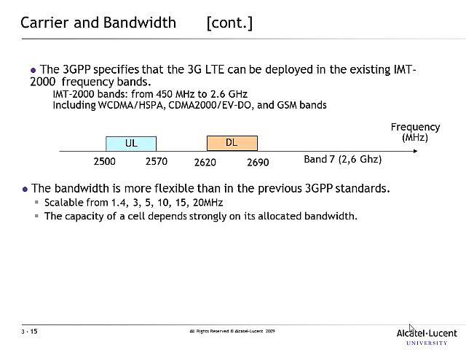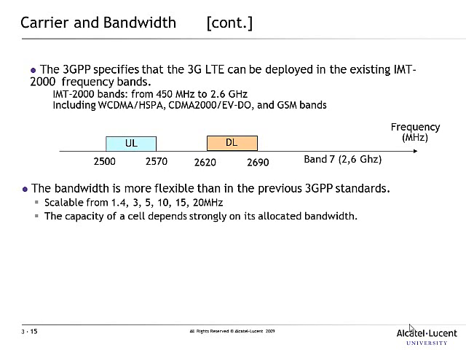Now, the other important aspect of LTE, apart from the frequencies at which it can operate, is the bandwidth. Okay, so the bandwidths are scalable. It goes from 1.4 to 3 to 5 to 10 to 20 megahertz. So this means that different operators, for example, an operator who may have a large chunk of spectrum might go straight into 20 megahertz operation, whereas a smaller operator who might not have much spectrum could still deploy an LTE solution with a smaller bandwidth.